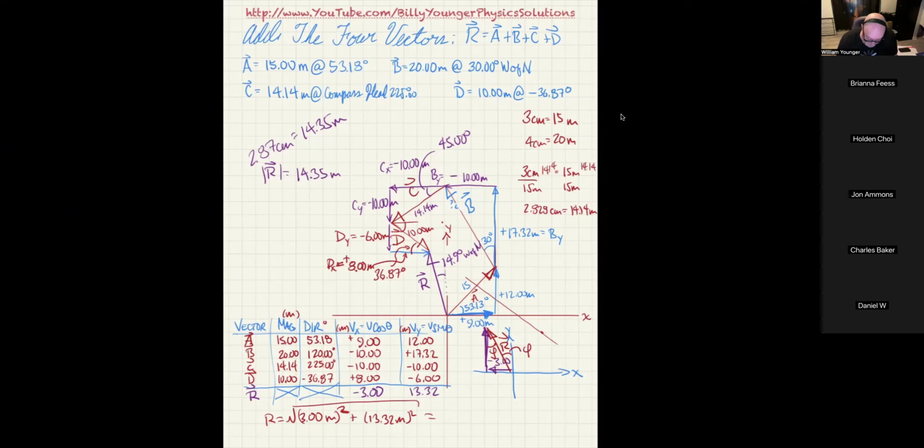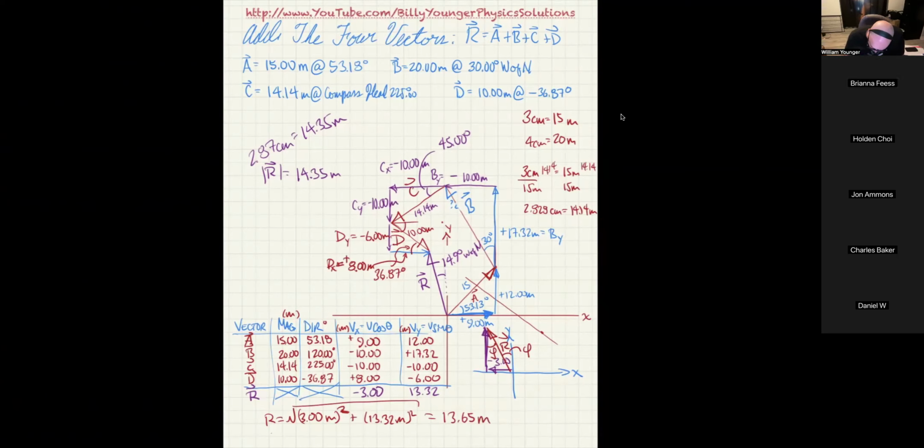So in this case, I get 3 squared plus 13.32 squared. That gives me 186.42. I'm going to take the square root of that, and this gives me 13.65. That's not too terrible. I came up with 14.35. That's 13.65 meters. That's the magnitude.